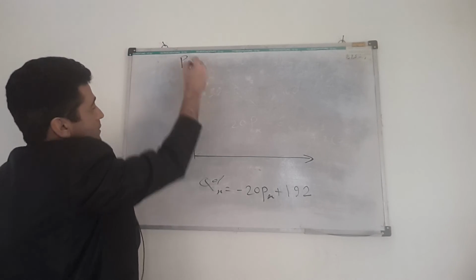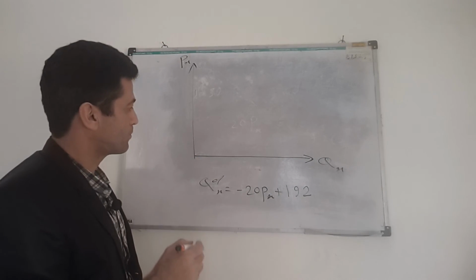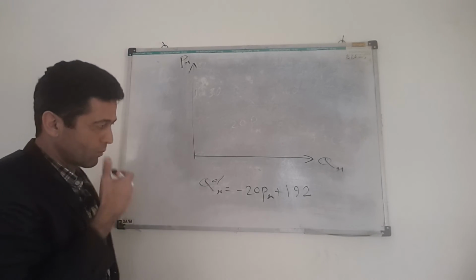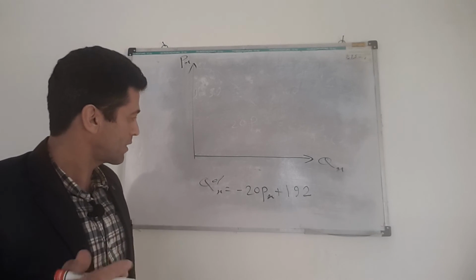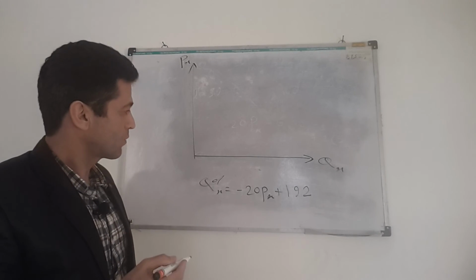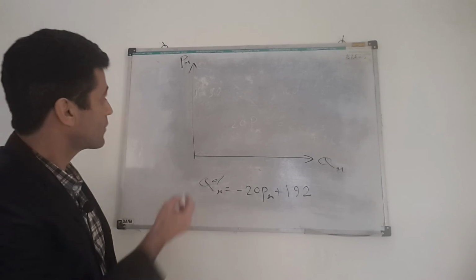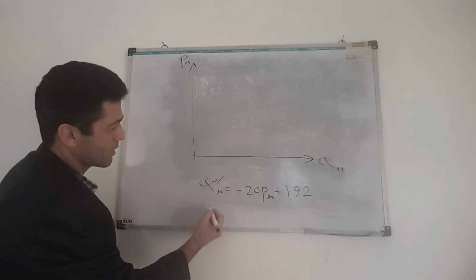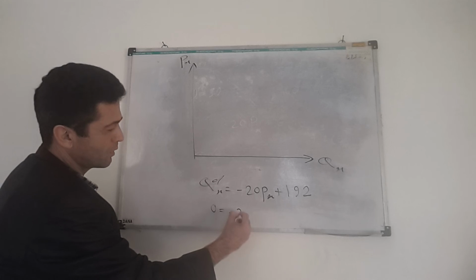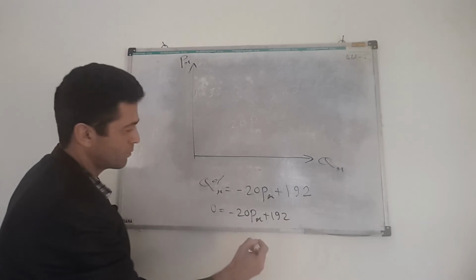Y-axis Px and x-axis Qx. Okay. As I said already, the best way to graph this curve is finding the intercepts. For the Px intercept, we consider the quantity of demand for X as 0, so 0 equals minus 20 Px plus 192.